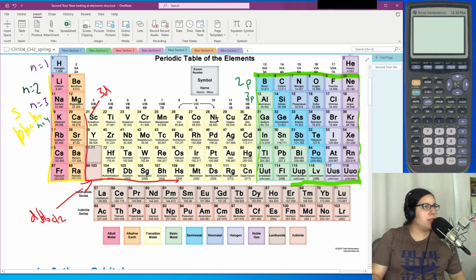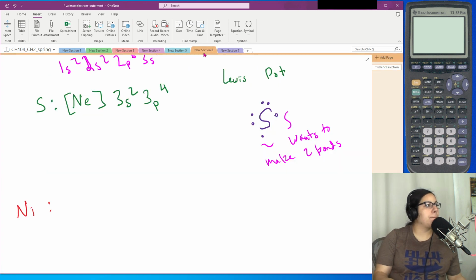So let's do the electron configuration. I'm going to start with argon, since argon is my previous noble gas, and it's starting to become a lot to write all this down explicitly. So we start with argon.